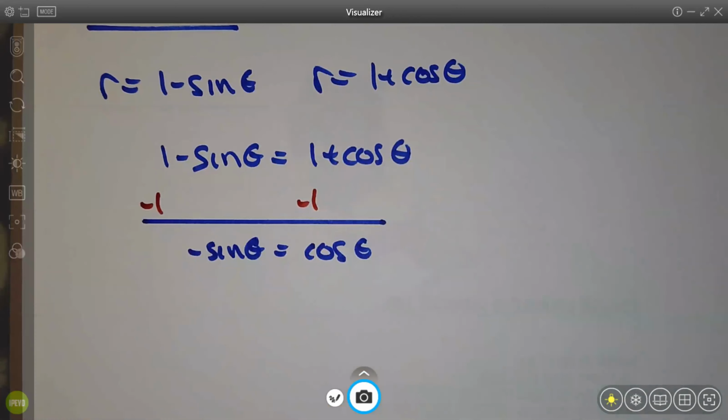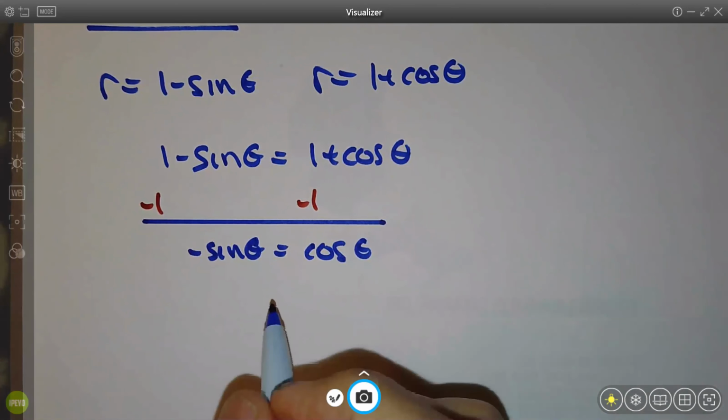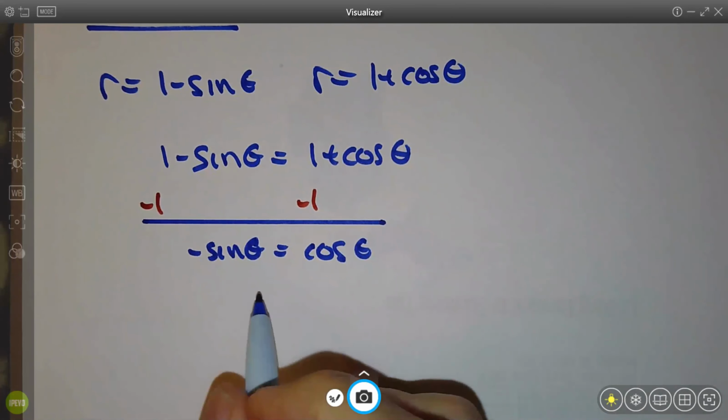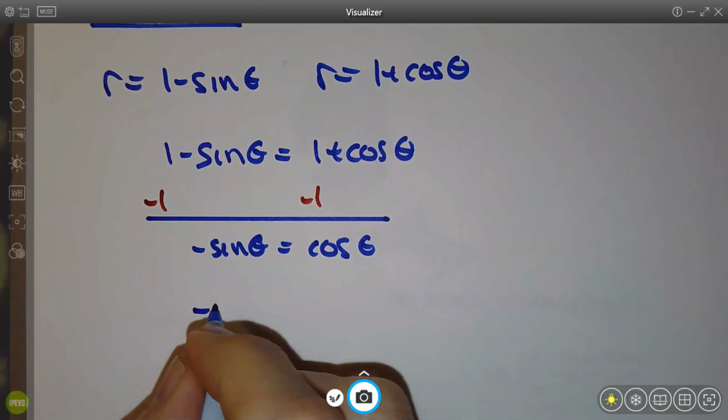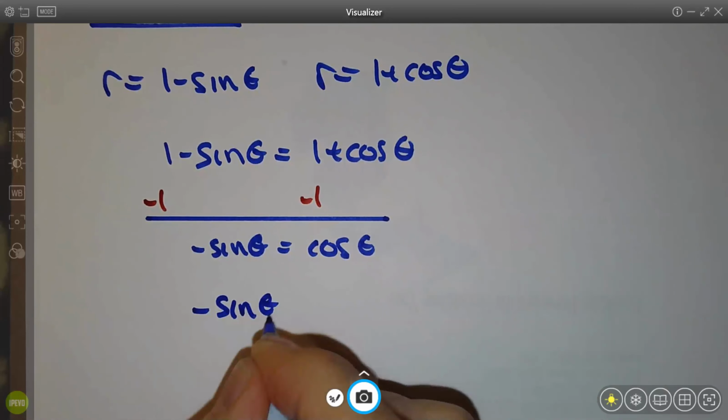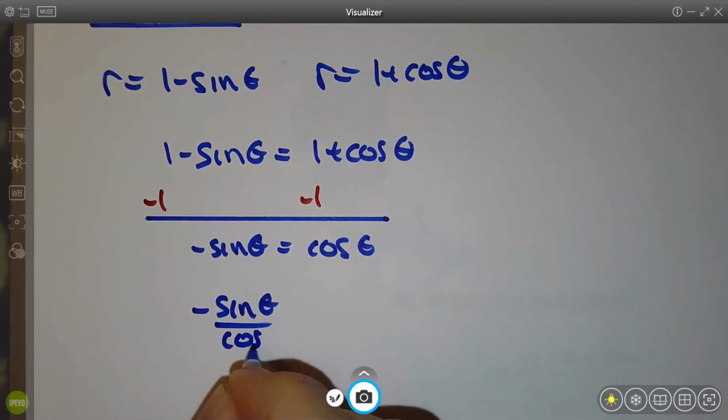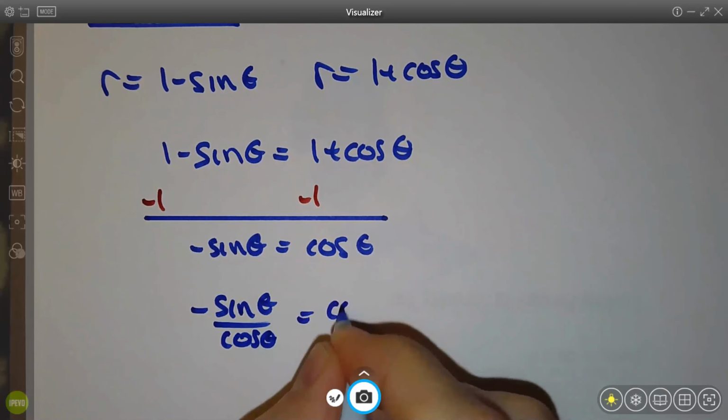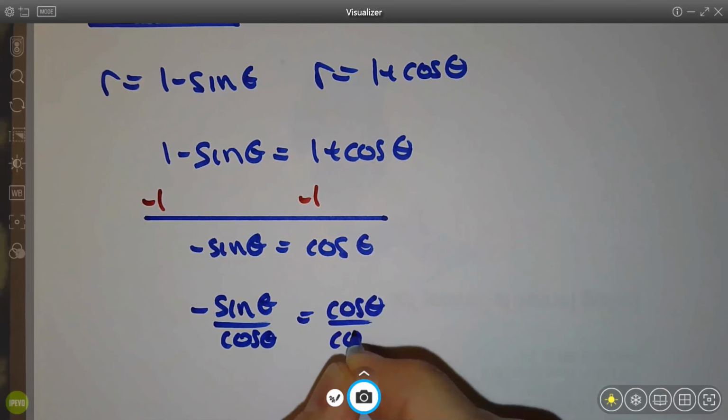Now there's a couple different ways to do this. I'm going to do it a little bit different than I'll display when I get back to OneNote, but I'm going to divide both sides by cosine of theta. Negative sine of theta divided by cosine of theta, and cosine of theta divided by cosine of theta.